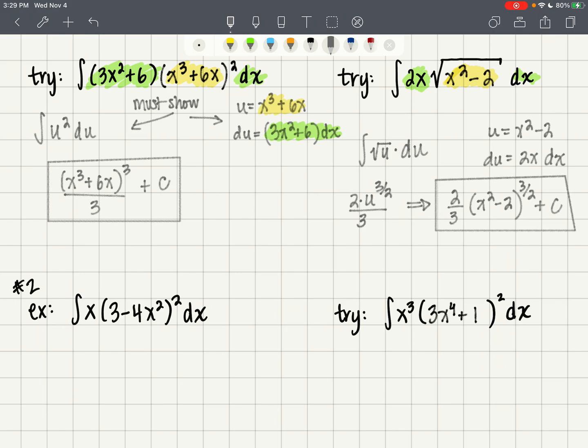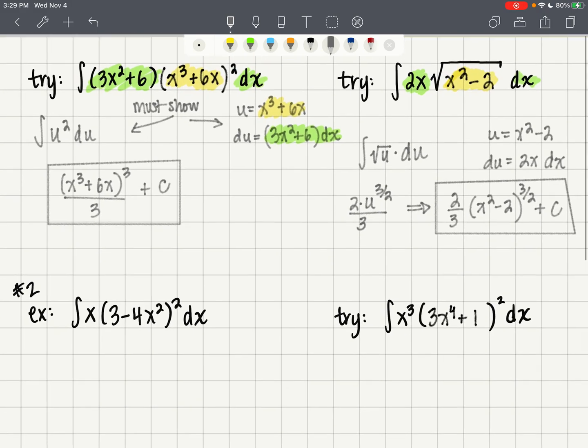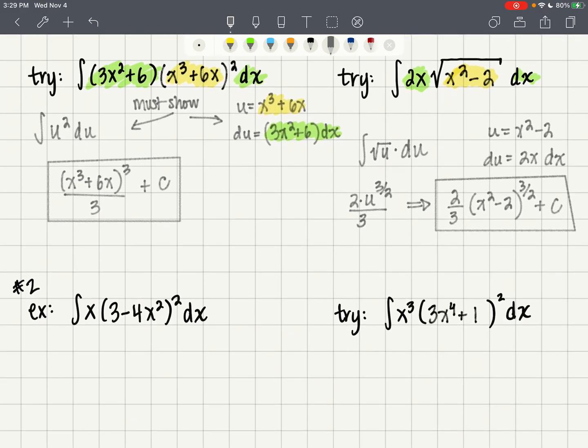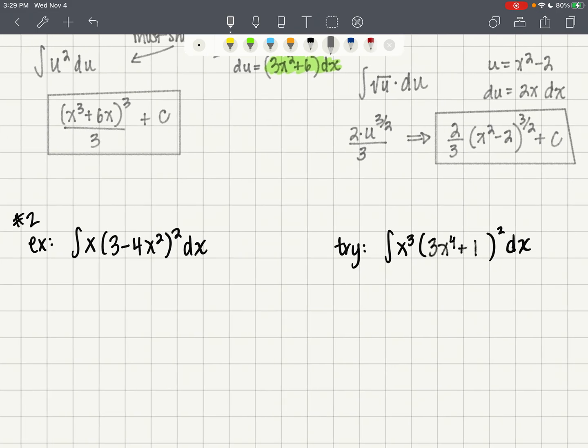Now you might be thinking, what happens when it doesn't work out so nicely? I mean, it's great that it works out so nicely. You find u, du is exactly what's left over. What happens when you don't have that du that's exactly left over?